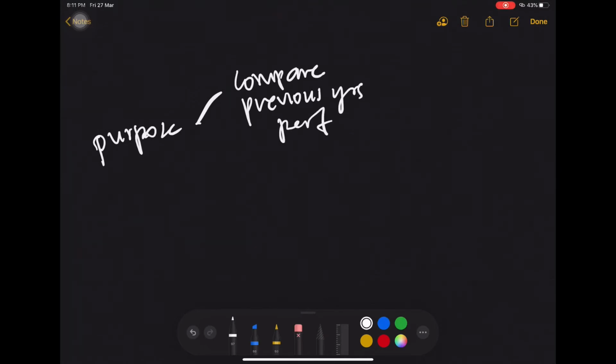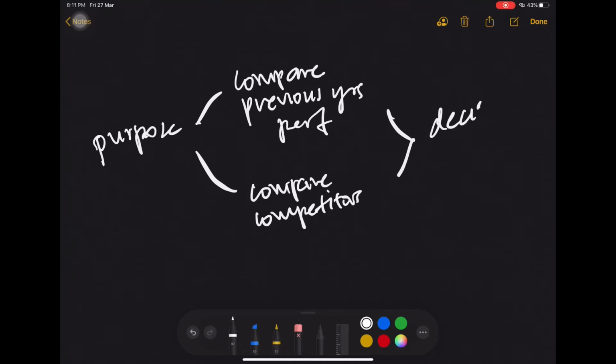And then secondly is to compare with your competitors. And then you will ask, like, why do I want to compare with my previous performance, or why should I compare with my competitors? The reason is because of decision making.